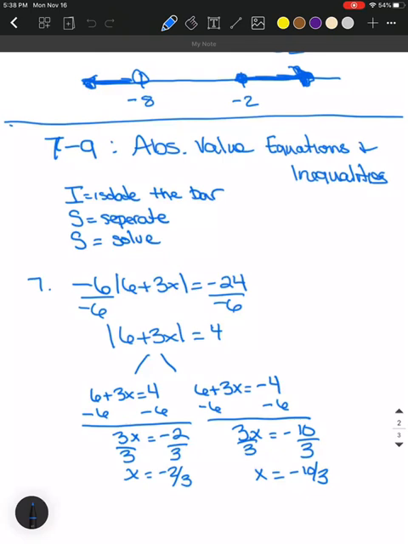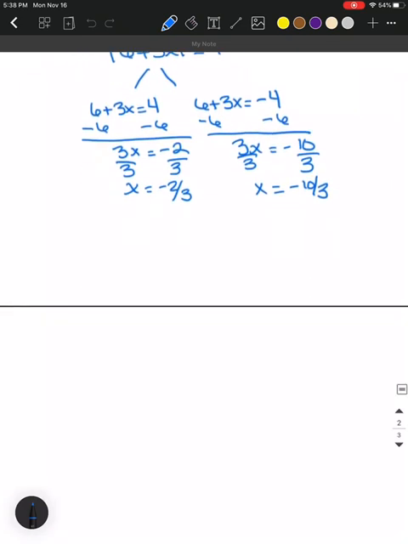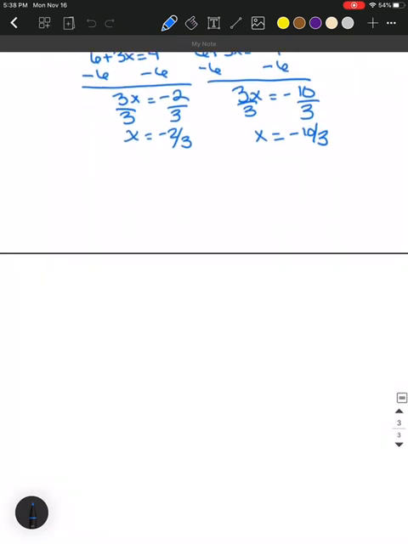We have one more absolute value equation that we're going to look at solving. So number 8, we have 9 times the absolute value of x minus 4 equals 81. So remember, we need to isolate it. So what we're going to do is divide both sides by 9. And then we have the absolute value bar by itself.